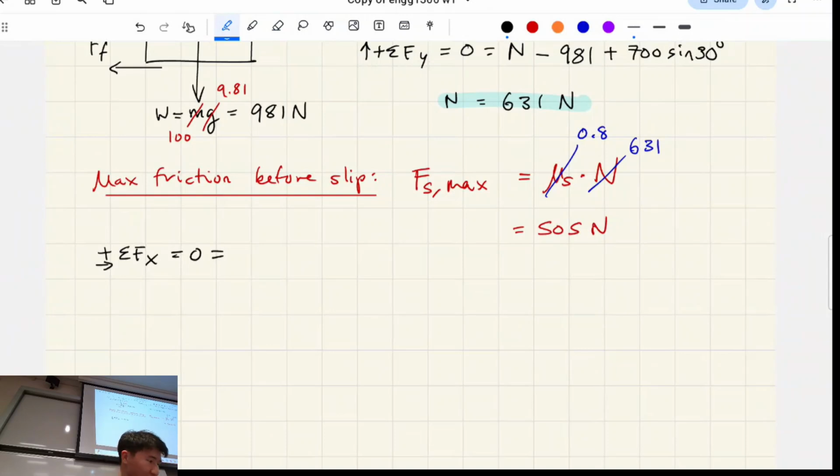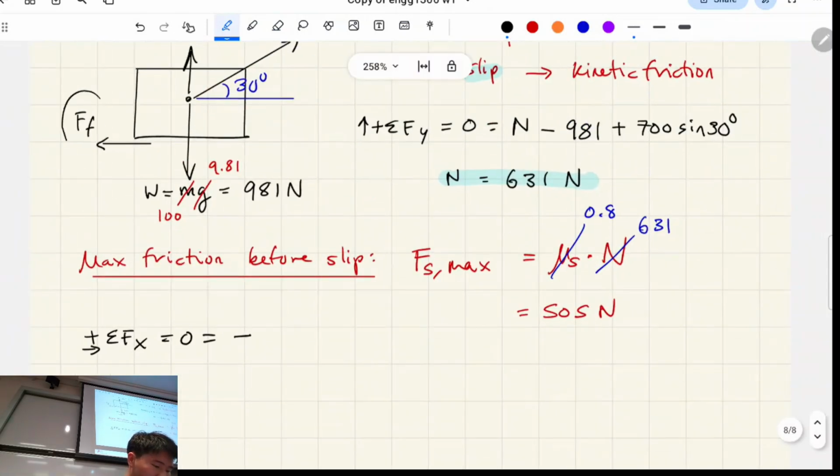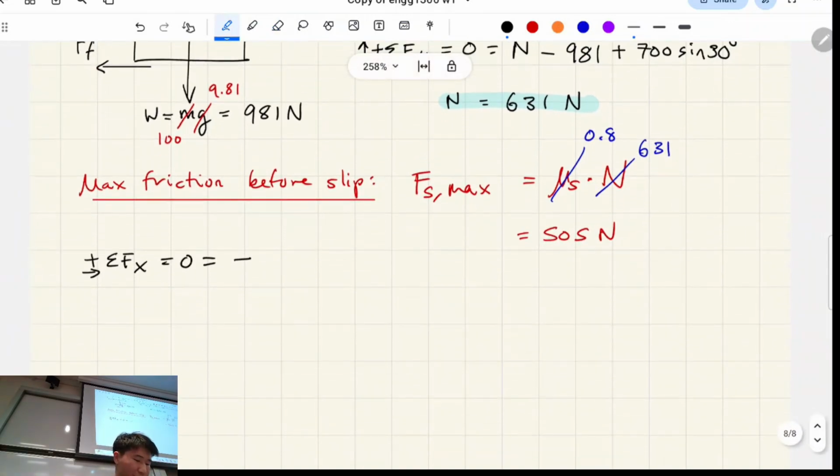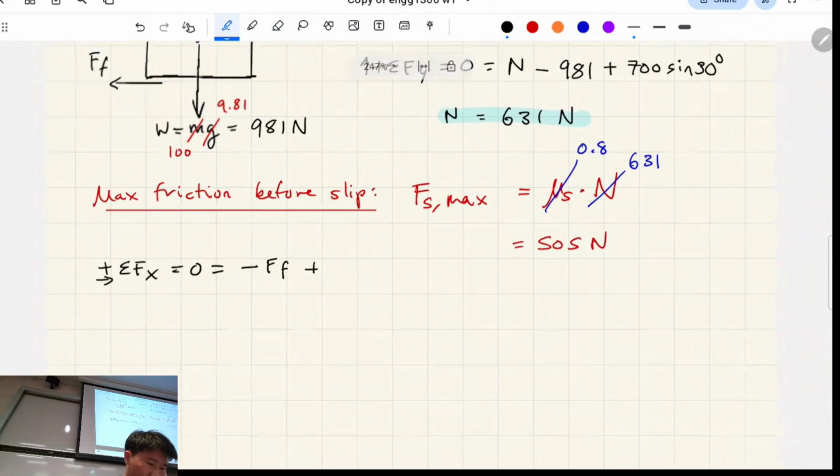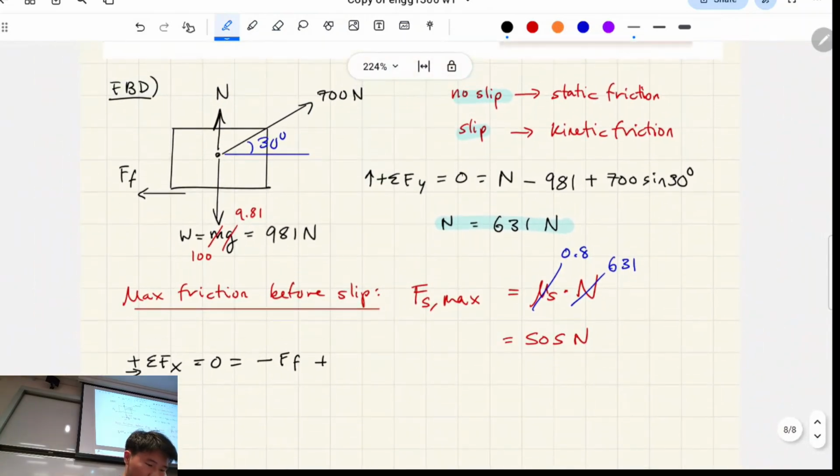So that's why we're doing sum of the forces is equal to 0, pretty much. So what I've done is I've called this friction force FF, because I don't know if it's static or kinetic, so I'll just calculate FF. Right, and then when we solve for that, this is equal to 606.